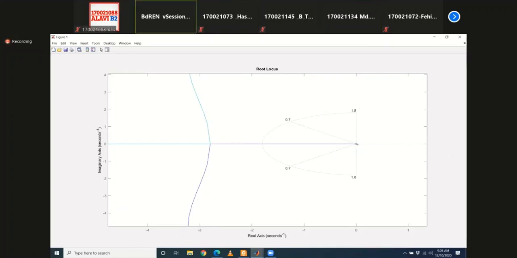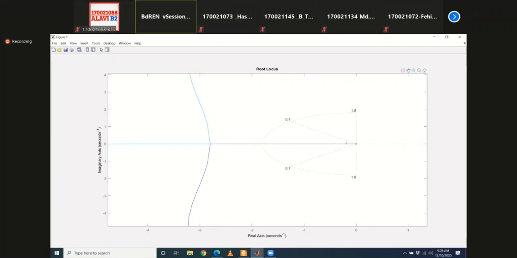In the upper direction, you see 1.8 distance. Towards the left, you'll also see a distance of 1.8. So omega n values of 1.8 are represented by this semicircle, right?